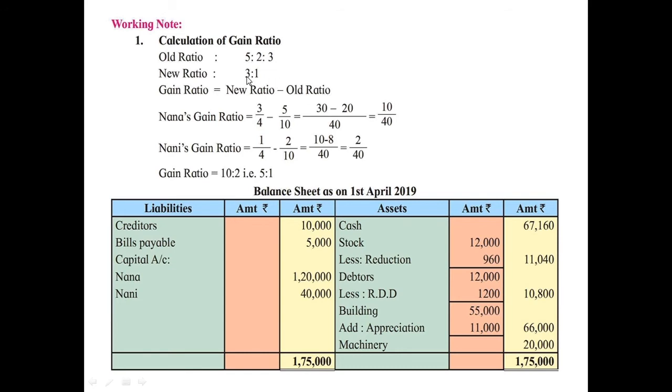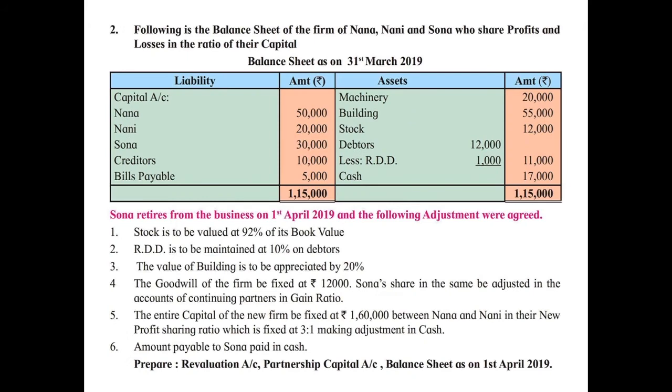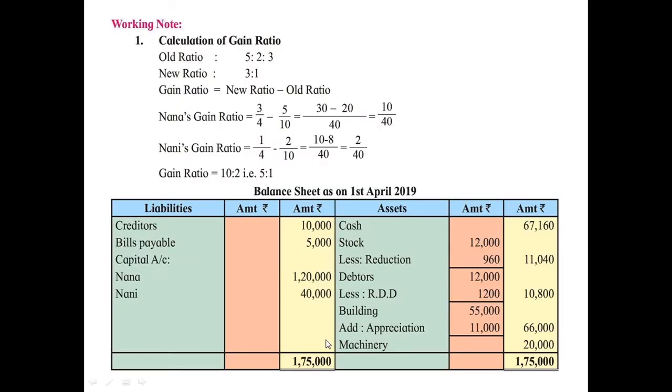Now the new ratio is given in the question. So here you can see in adjustment number 5 they have given the new profit sharing ratio is 3:1 for the continuing partners, that is for Nana and Nani. So here the new ratio is 3:1. Old ratio is in the ratio of capital 5:2:3.